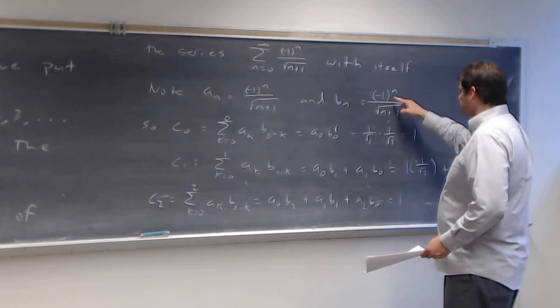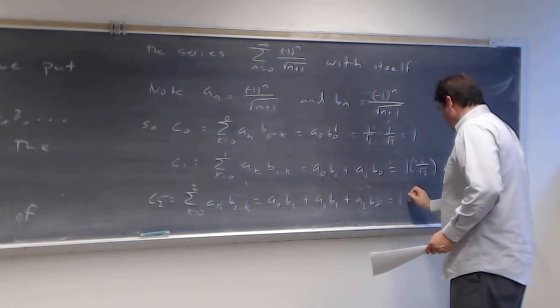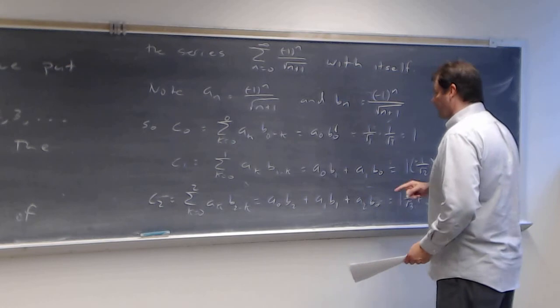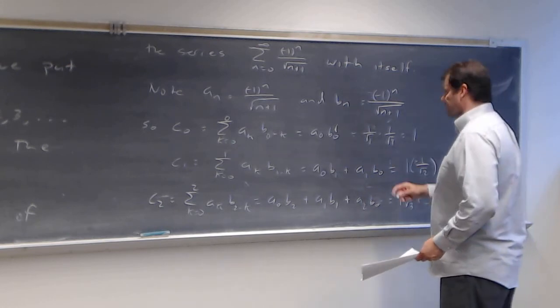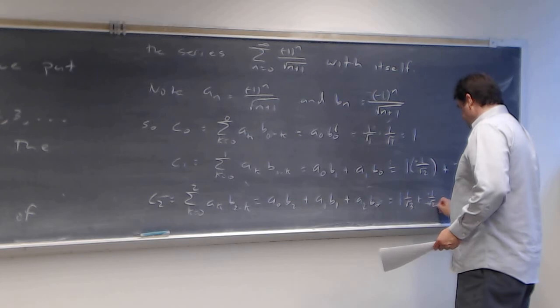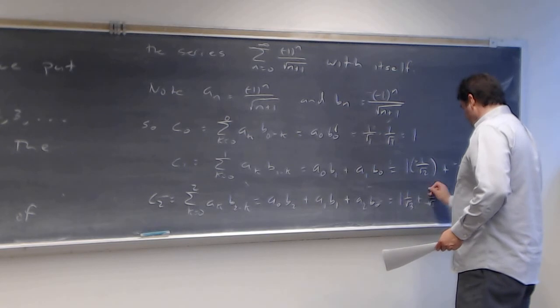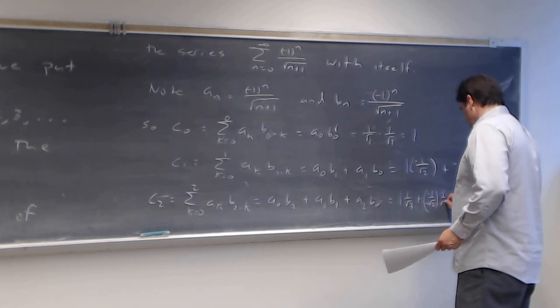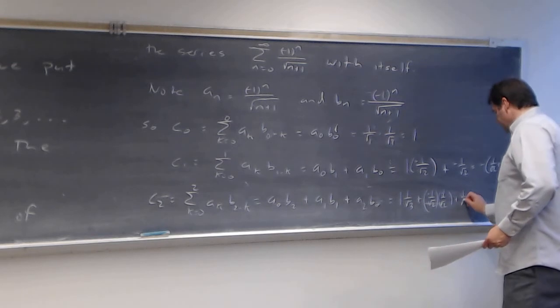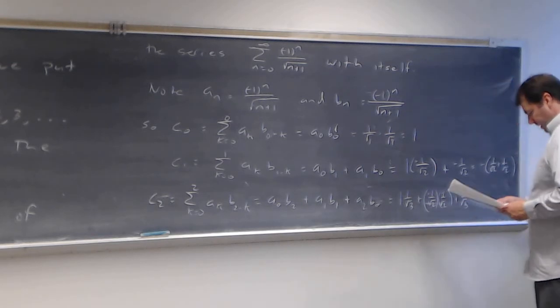B sub 2 is going to be 1 over the square root of 3. Plus, here, a sub 1, b sub 1 is minus 1 over the square root of 2 times minus 1 over the square root of 2. And then plus 1 over the square root of 3 again.